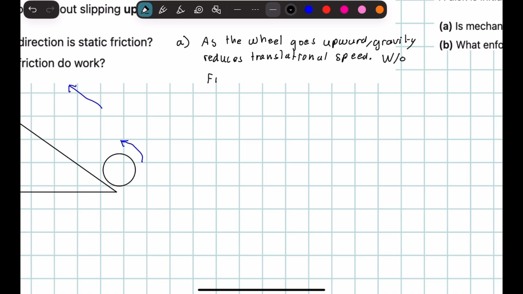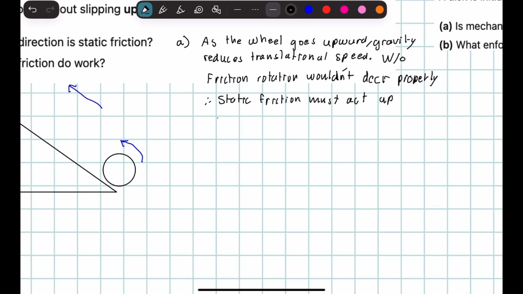Without friction, rotation wouldn't decrease properly. So therefore, static friction must act up the incline to reduce the angular speed.